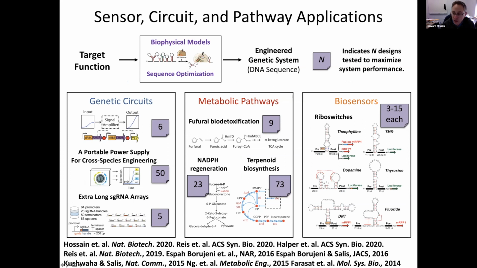We've also done a lot of work on optimizing metabolic pathways, from peripheral biodetoxification to increasing NADPH regeneration. And we've developed riboswitch biosensors for a number of ligands of interest, ranging from neurotransmitters like dopamine, hormones like thyroxine, fluoride, which is something in our water, and DNT, which is an explosive, hopefully not in the ground.